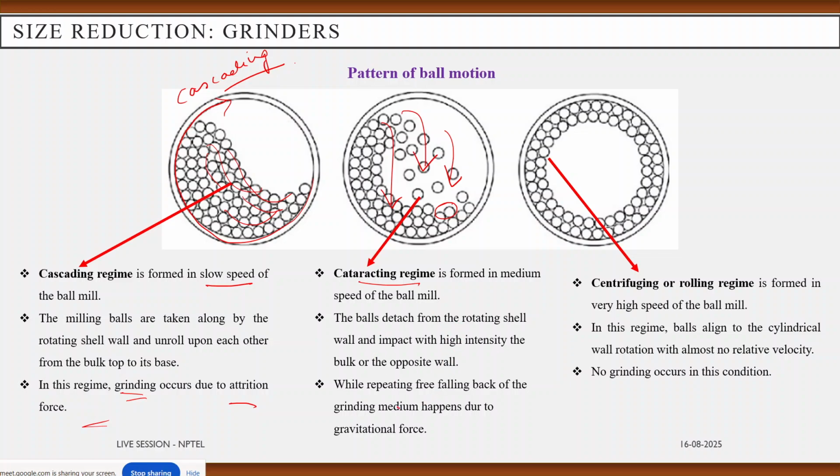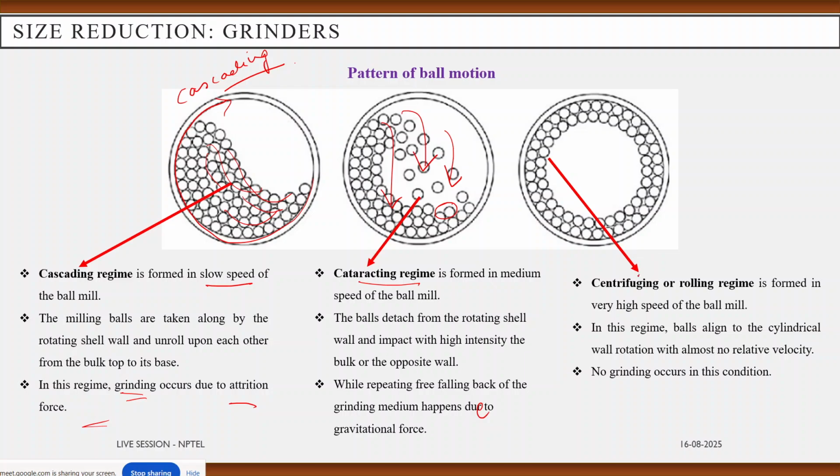One is impact force, mostly occurring in the cataracting regime. They act with high intensity on the bulk or on the opposite wall, while repeating free falling back of the grinding medium happens due to gravitational force.